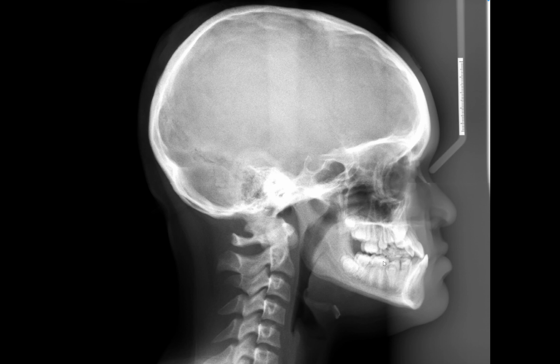And we don't have a perfectly symmetric face. Let's start with that. So almost all of us will have some degree of asymmetry. So that's one of the first reasons.